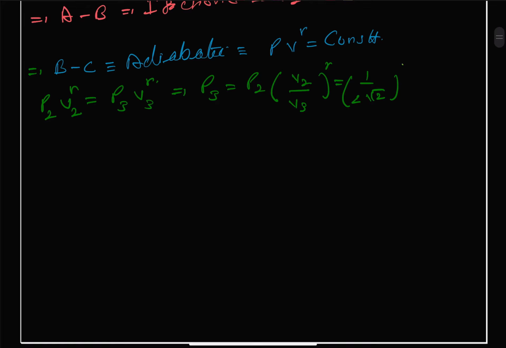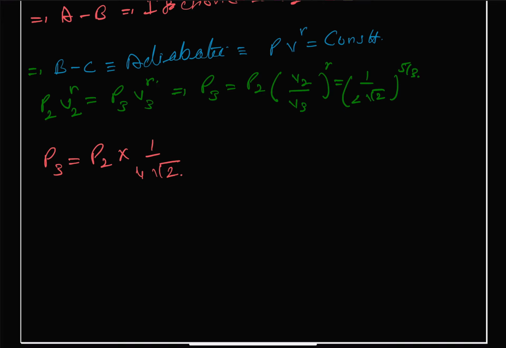Therefore we can write that P3 is equal to P2 times 1 upon 4 square root of 2.